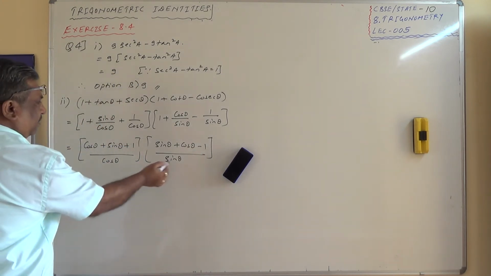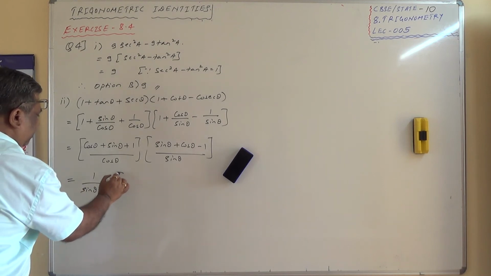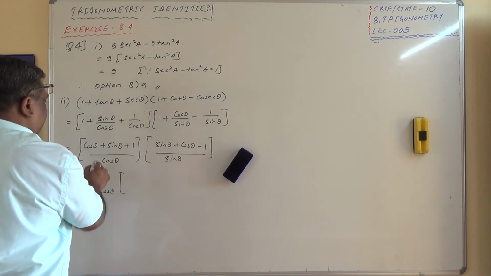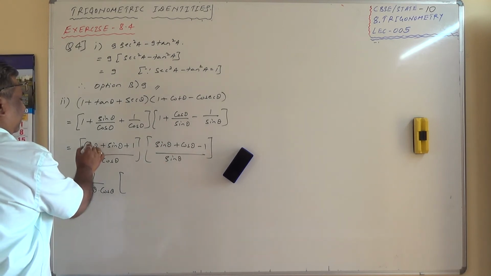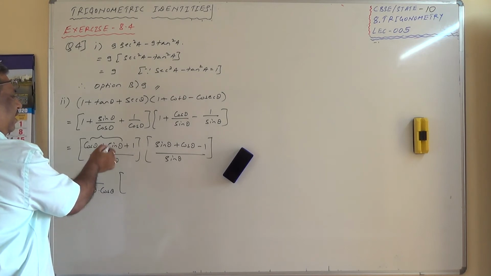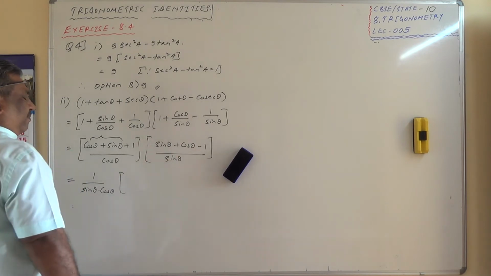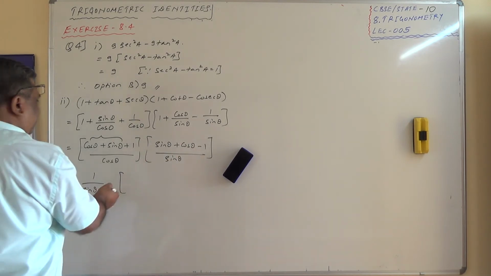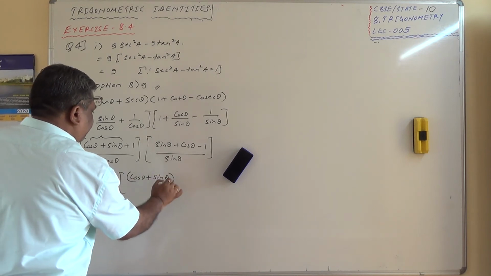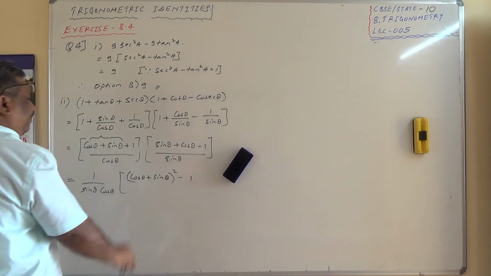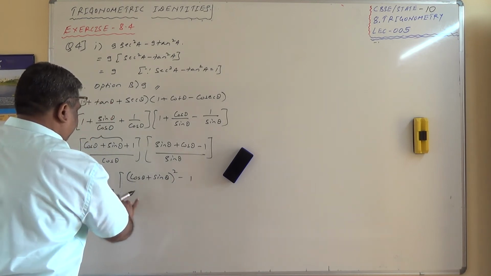So here I'll take it as 1 by sin theta into cos theta into bracket cos theta plus sin theta plus 1, cos theta plus sin theta minus 1. So if I consider this entire term as a here, a plus 1, a minus 1, a square minus 1 square. You understood? So this can be written as cos theta plus sin theta the whole square minus 1 square. So a plus b into a minus b, this is how we can write it. I hope you are able to understand.